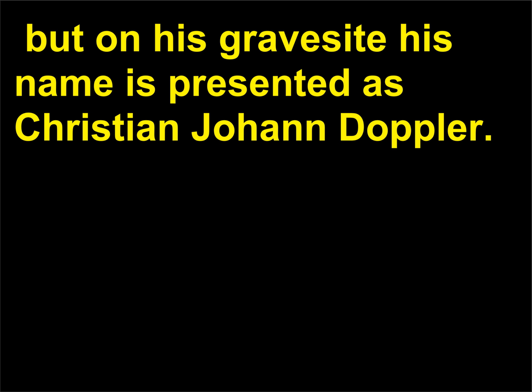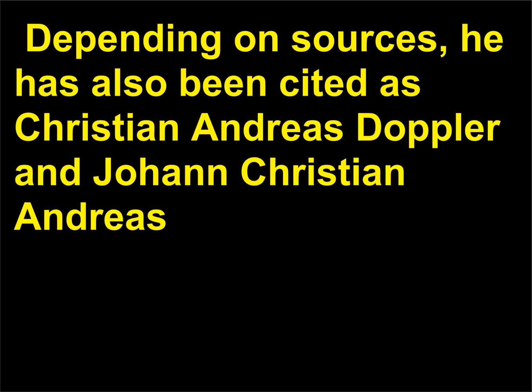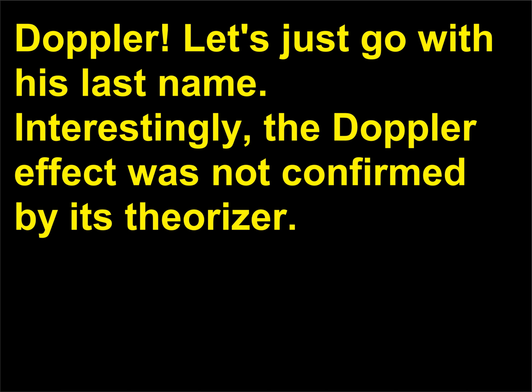But on his gravesite his name is presented as Christian Johann Doppler. Depending on sources, he has also been cited as Christian Andreas Doppler and Johann Christian Andreas Doppler. Let's just go with his last name.